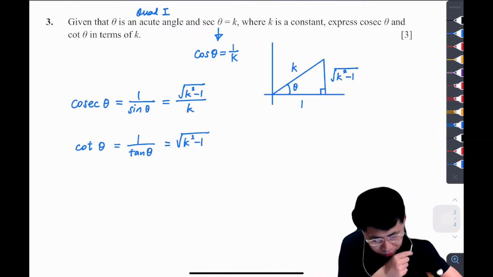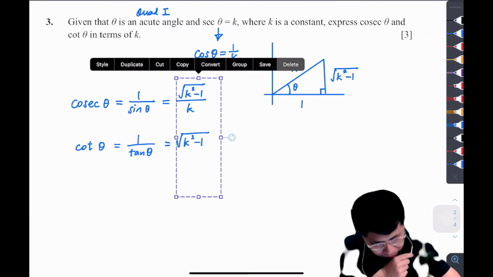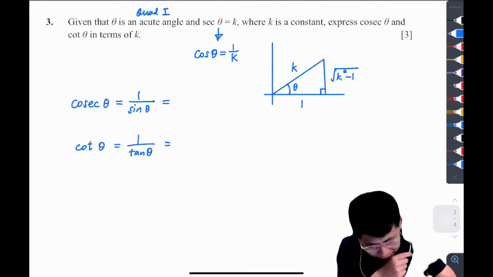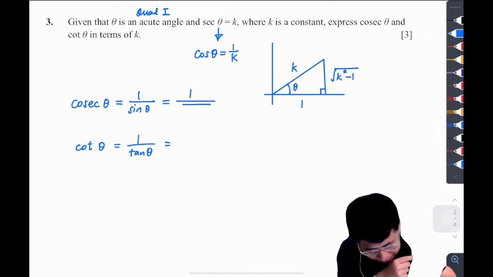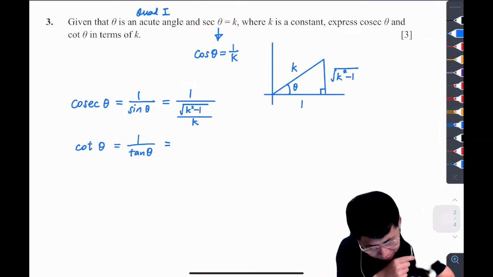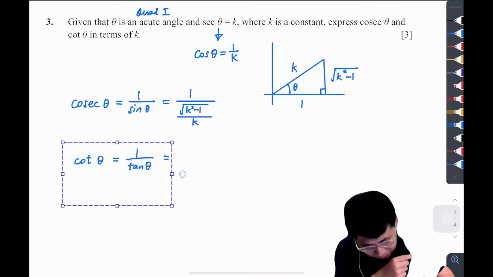Oh, sorry, it's the other way around. 1 over sine theta. Sine theta is opposite over hypotenuse, so it's like this. Okay, now I see the problem. So the square root of k squared minus 1 over k, then I need to keep change flip.